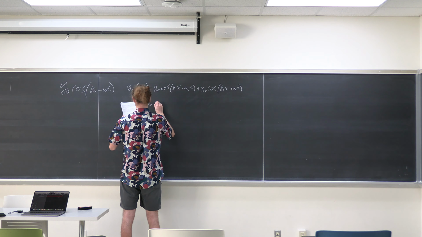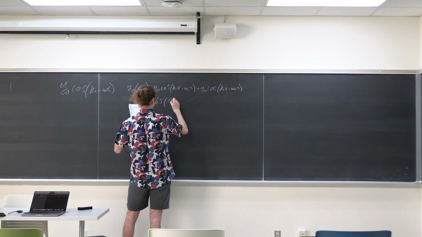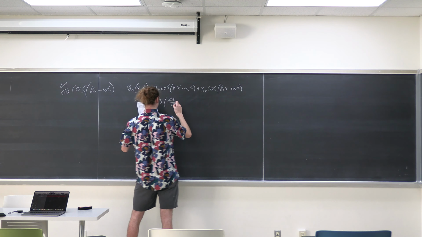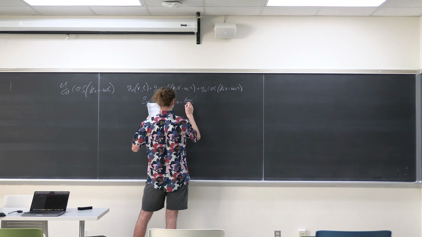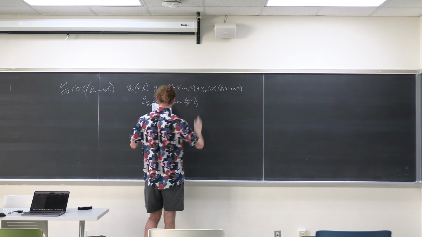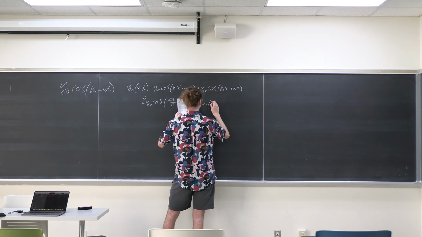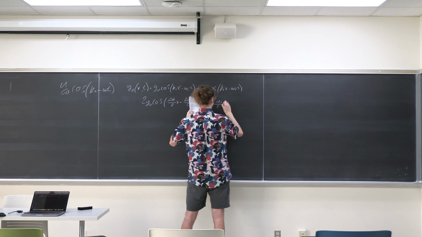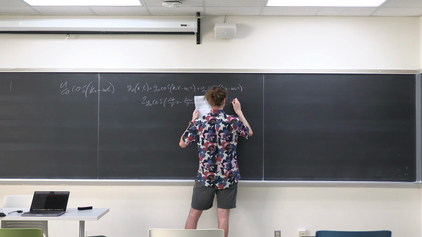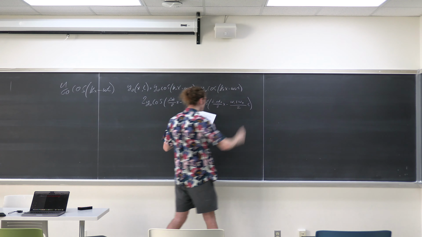2 y naught cosine(delta k over 2 x minus delta w over 2 t), and then times cosine((k1 plus k2) over 2 x minus (w1 plus w2) over 2 t).